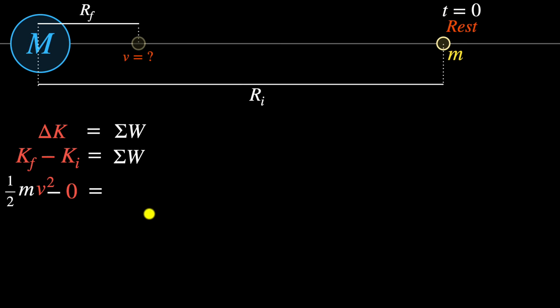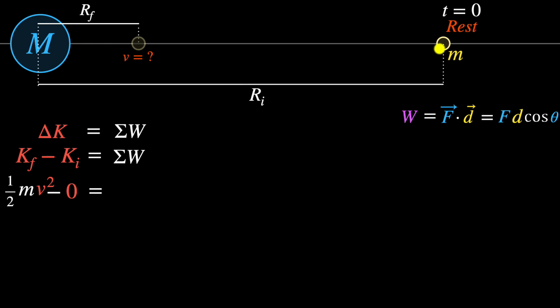And so now the big question is, how much is the total work done? How do we figure this out? Well, just to recap, remember, work done by any force is given as the dot product of the force and the displacement. So to find the total work done, we have to find the work done by each force acting on this mass from here to here, and then just add them up.